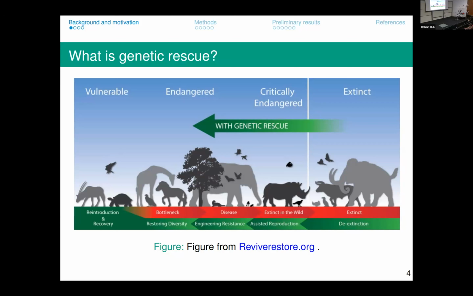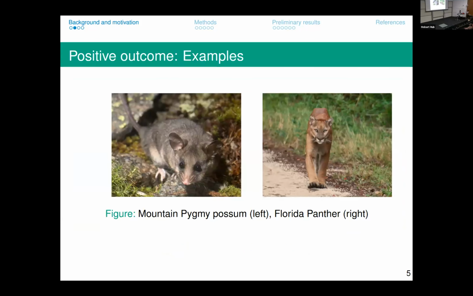Now, what I am trying to do is, before they become extinct, work out how we can save them and reverse the decline. Genetic rescue has benefits and risks. The benefits arise when the introduced individuals and the residents meet and produce fitter hybrids.